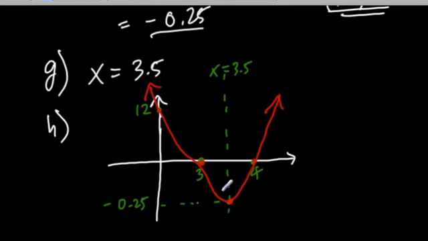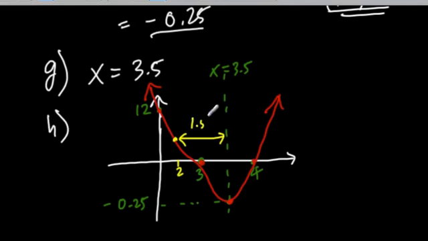Finally, the last one is where it says find the other for f of 2. So let me draw that. So 2 must be somewhere over here. So let's just say that's 2. So find the other point that has the same output, right? So we do the same thing. Here's 2 and here's 3.5. What is the distance between 2 and 3.5?